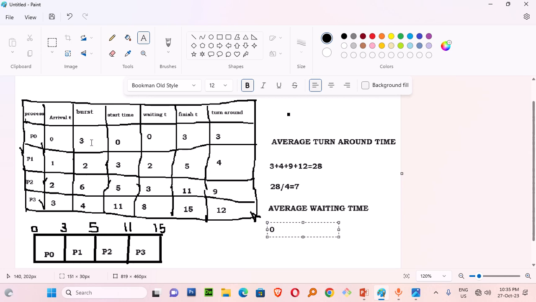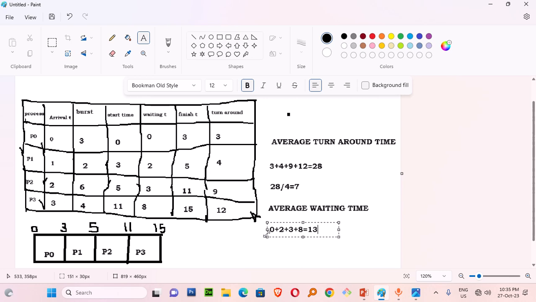The waiting times are around here: we have 0 here, we have 2, we have 3, and we have 8. So this will be equal to 0 plus 2 plus 3 plus 8, and this will be equal to 13.